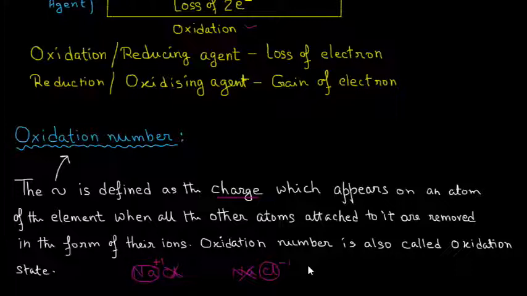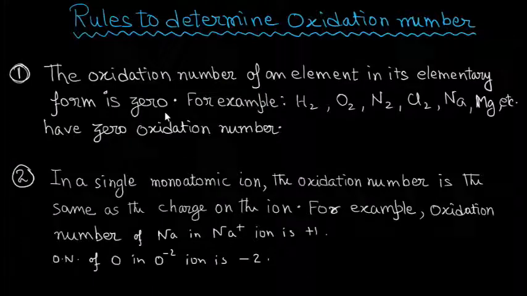Now it is clear. There are a few rules to find out the oxidation number of any element in a compound. Let us see those rules. Rule number 1: the oxidation number of an element in its elementary form is 0.